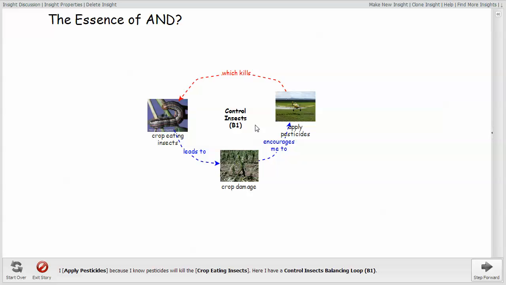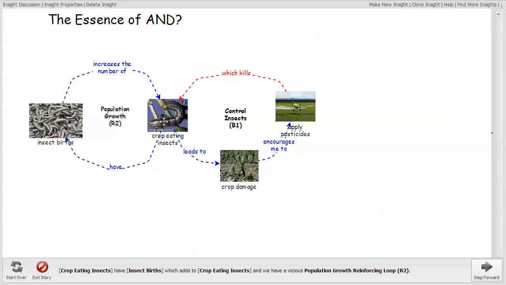How come they're not gone? So what else is it that's happening within the structure? Looking at, well, what does this influence or what influences this? The next thing that comes to mind is that, well, crop-eating insects have insect births.